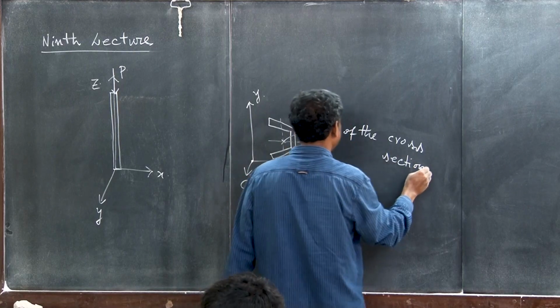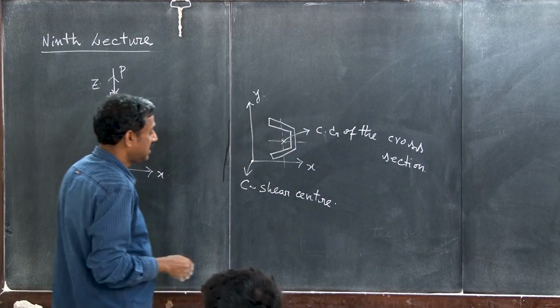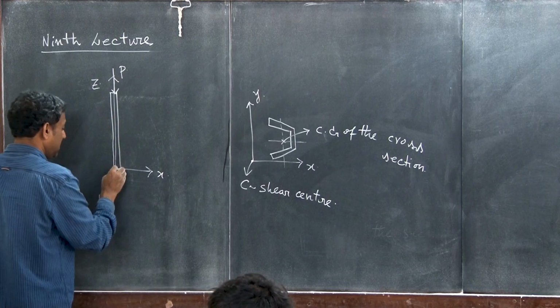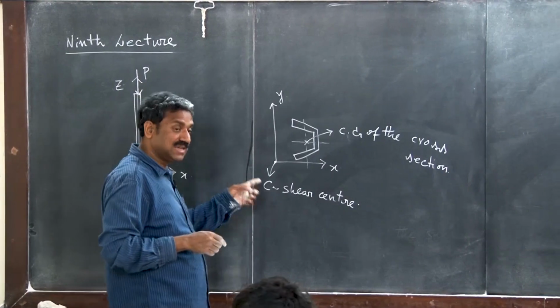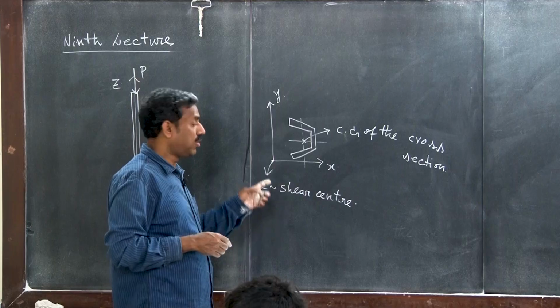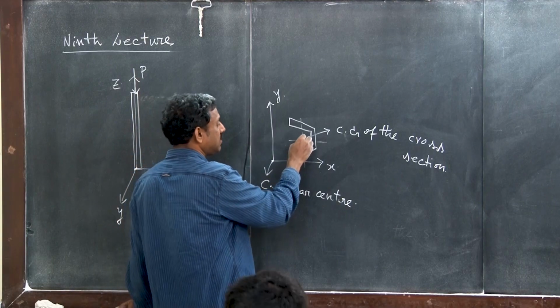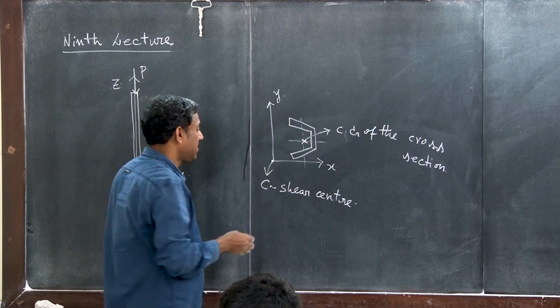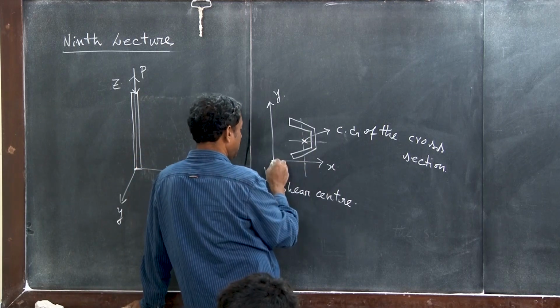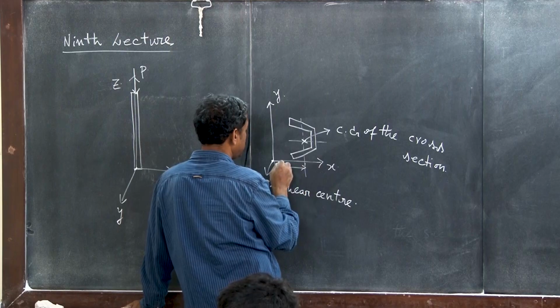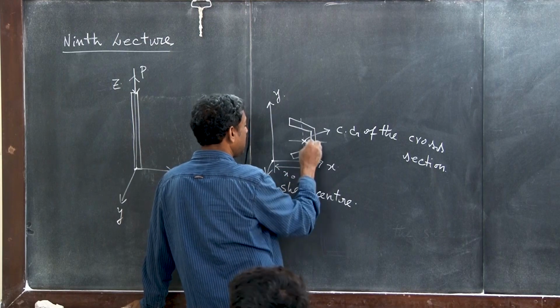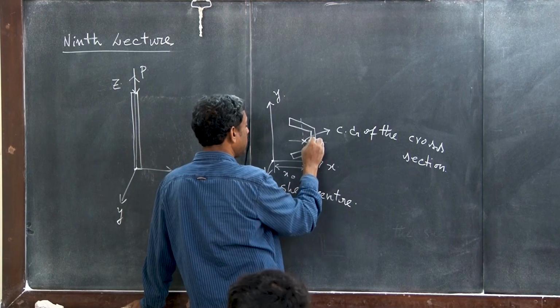Why is it so? Because here the origin is fixed at the shear center for the column, whereas the CG of the cross section is at a different place. Okay. So, from here to here it is x 0, and from here to here I am defining as y 0.